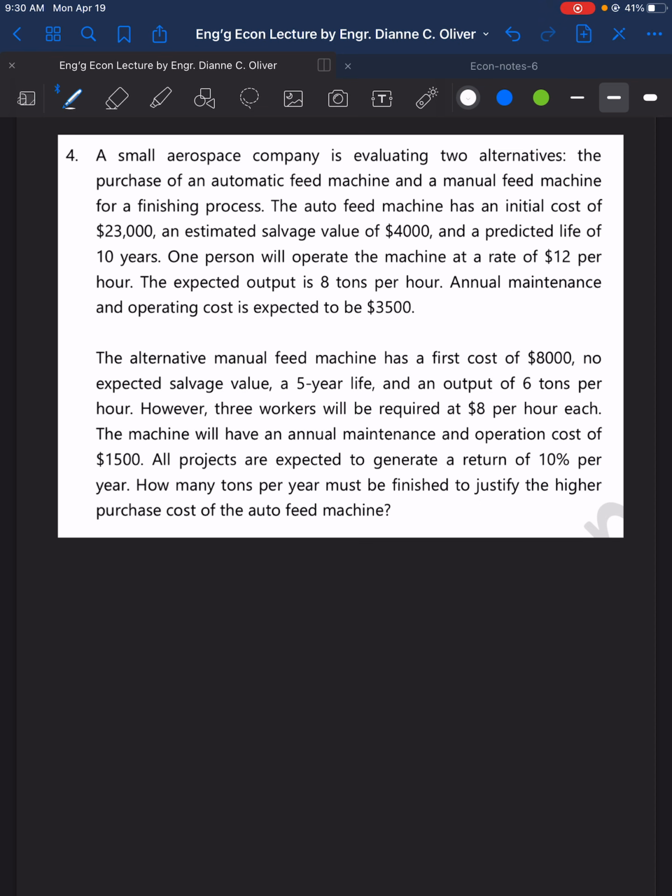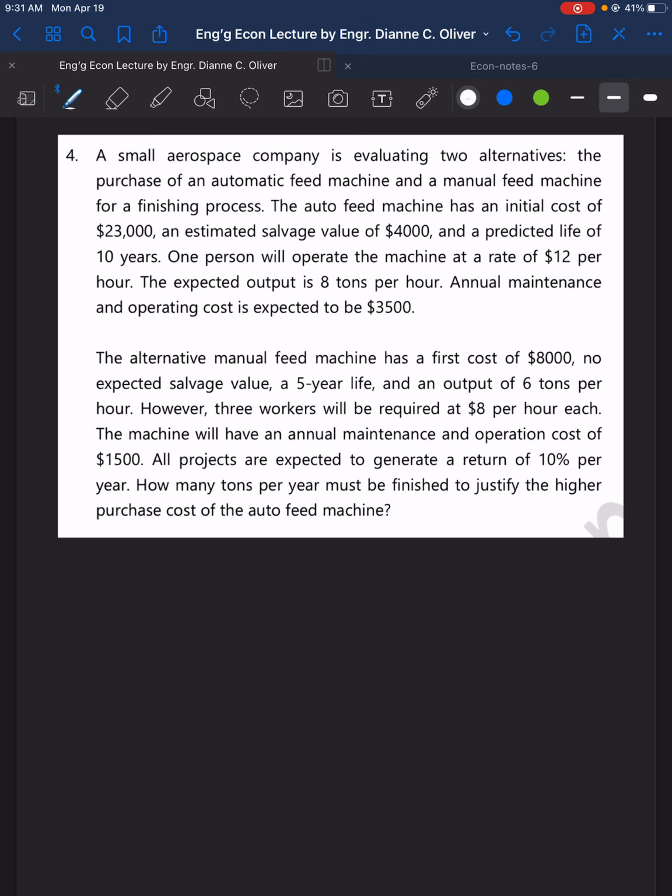So it's asking actually the number of n. First, we will compute the number of n for the break-even, so that it will mean that at that certain quantity that we get to produce, it will equal the cost for the automatic and the manual machines.